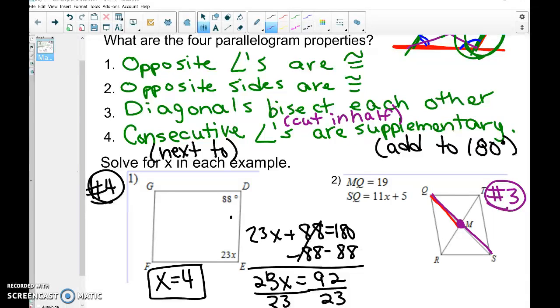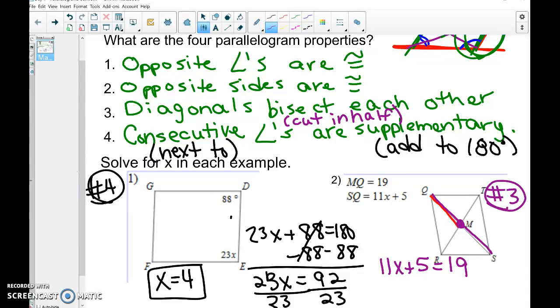I only know MQ, which is 19. So I have 11x plus 5. Does that mean that MQ, 11x plus 5, equals 19? No. 19 is this. I need to set it equal to the entire thing.